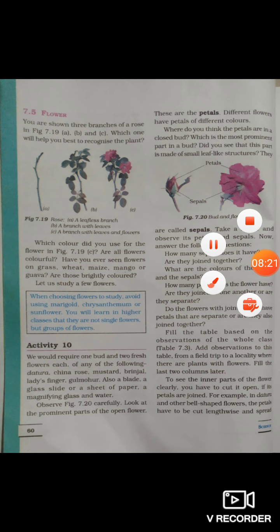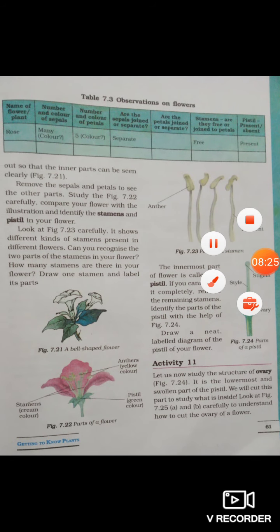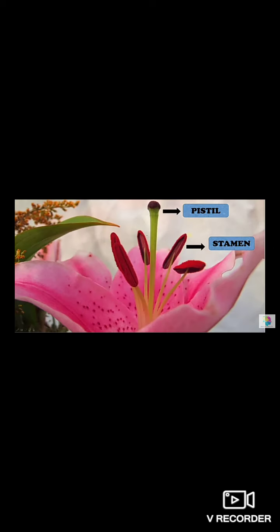So let's move forward. So we will now study about pistil and stamen. Students, I told you that pistil is the female reproductive part and stamen is the male reproductive part of the plant. So this is pistil and this is the stamen. Alright.